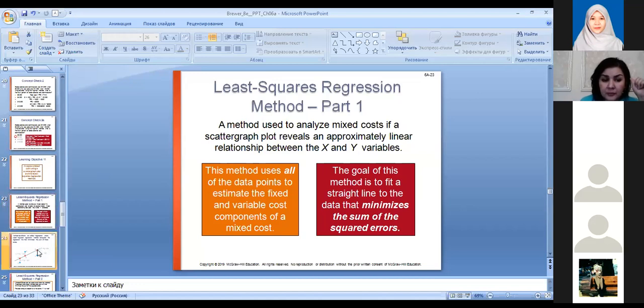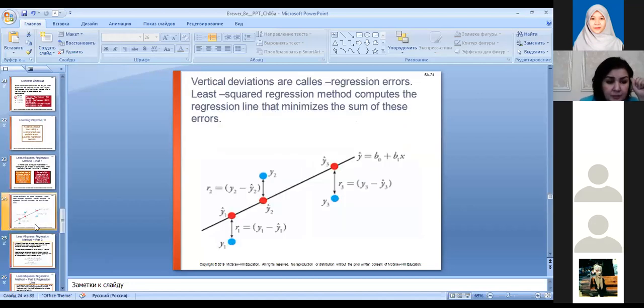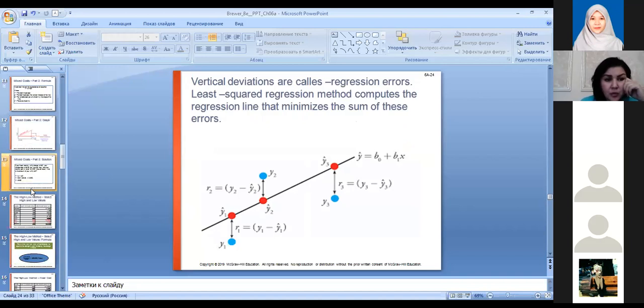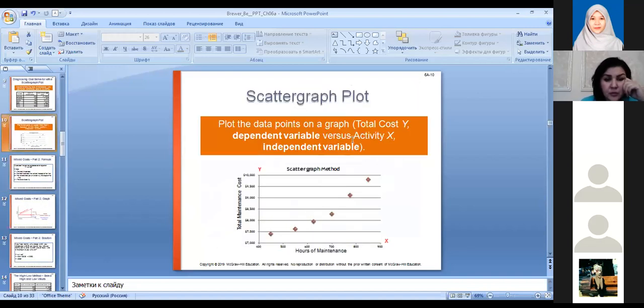Let's look at this. As you see from the previous scatter graph, do you remember I've shown you? I just go back again to that slide. So this is a scatter graph. In order to apply least squares regression analysis, you need to make a scatter graph plot, to plot the points on the graph and see if there is an approximately linear relationship.